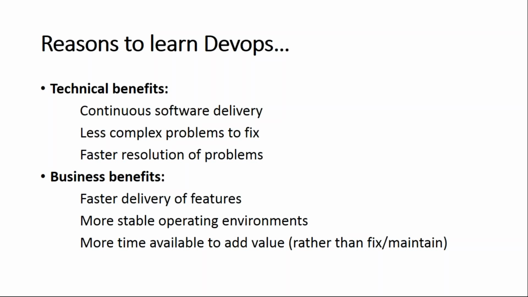And last but not the least, more time available to add value rather than fix and maintain. If you are delivering a product in this DevOps model, then more time is available to add more and more features to it. And definitely, as less time you are delivering a good product to the market, it's a business benefit and obviously a financial spike to the company.